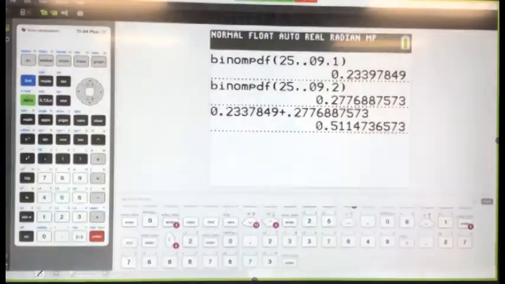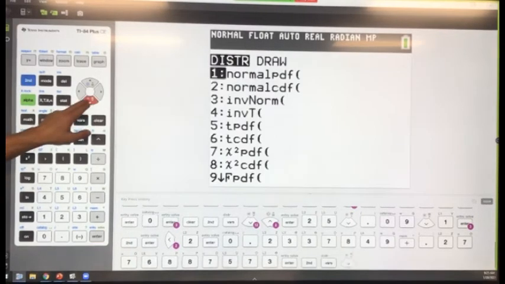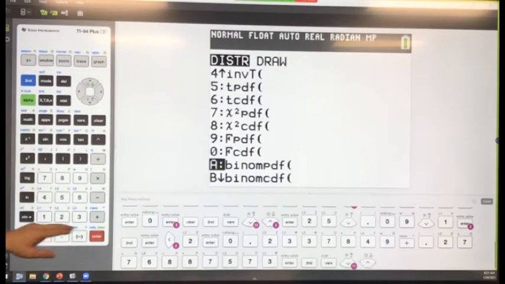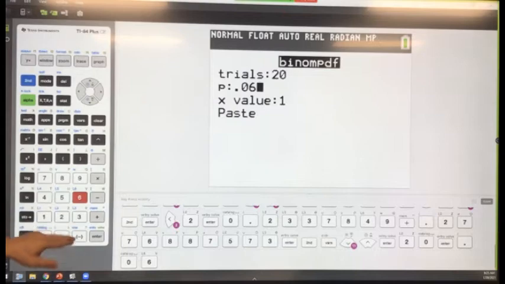So let's look on a calculator. So second vars, binomial PDF, that's going to find my exact value. My N is 20. My P is 0.06. And my value is what? Well, first one is 2.